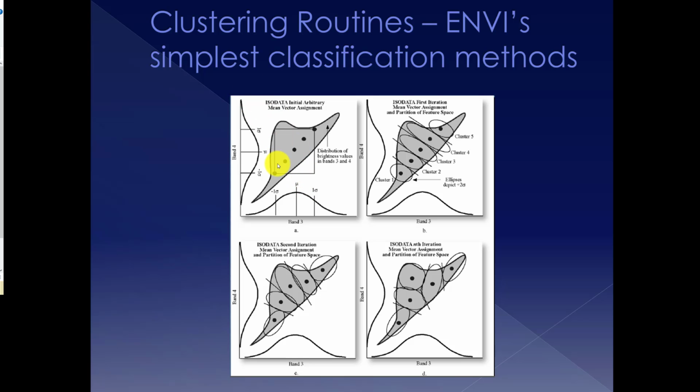Okay, so this is the theorized situation, which we know doesn't really happen. When you apply your unsupervised ISODATA classification, now the computer is saying we're going to put this data into clusters that are more meaningful than a one-on-one relationship.